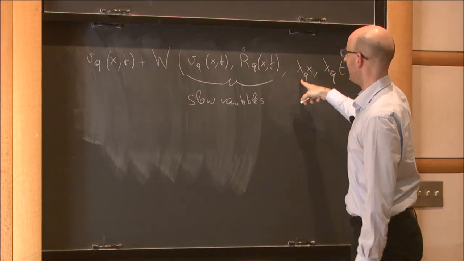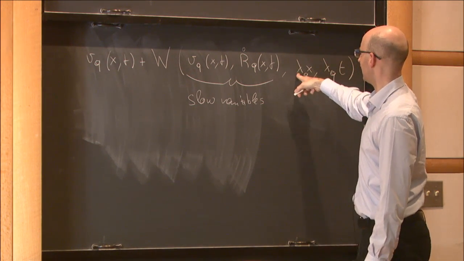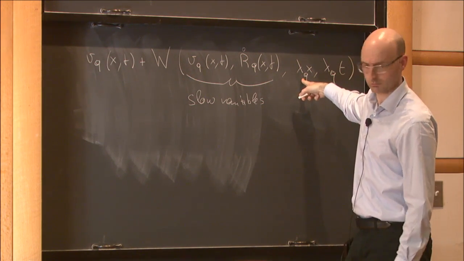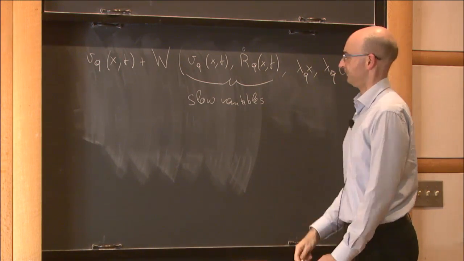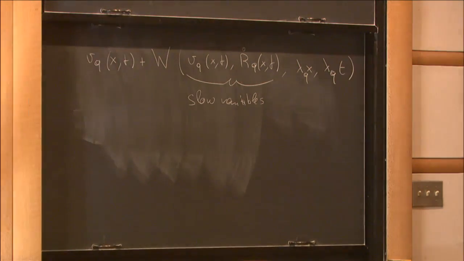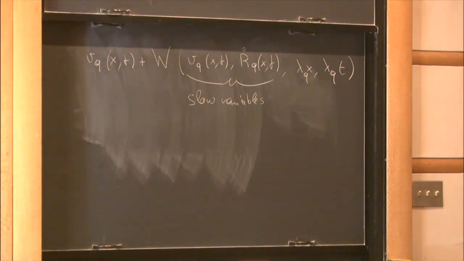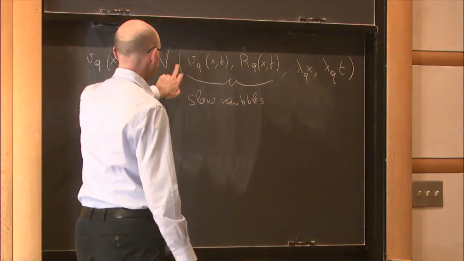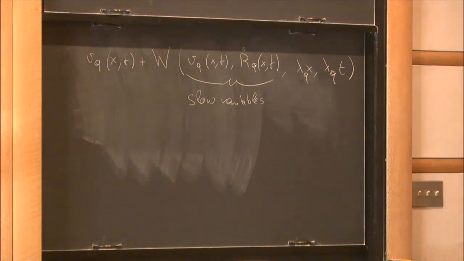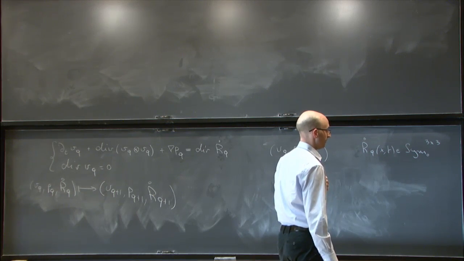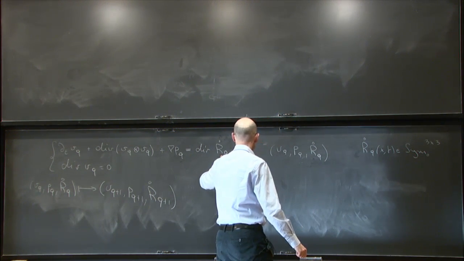And just to remember that we are at the step q of the iteration, let me put a little q over here. Lambda q x, lambda q t. OK, so now this is the ansatz that I want to plug in. And I want to understand how I can choose this big W in such a way that I get a new tripole for solving the problem with a much smaller R circle Q.